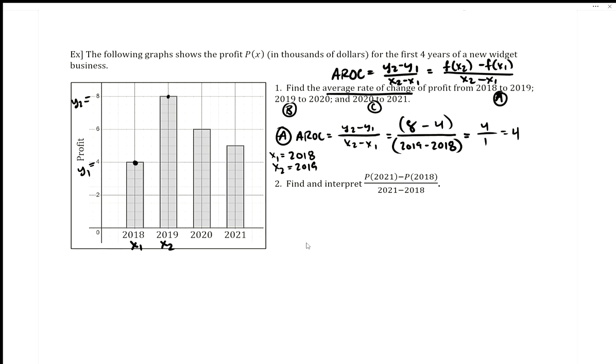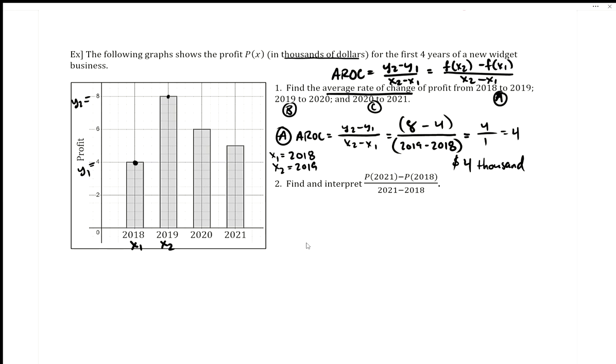Okay, and let's get our units on this. So the average rate of change of profit from 2018 to 2019, they said profit was in thousands of dollars. So this would be $4,000. I'm just going to put the word in. 4,000. Let's put the dollar symbol now. And then time, the x's is in years.